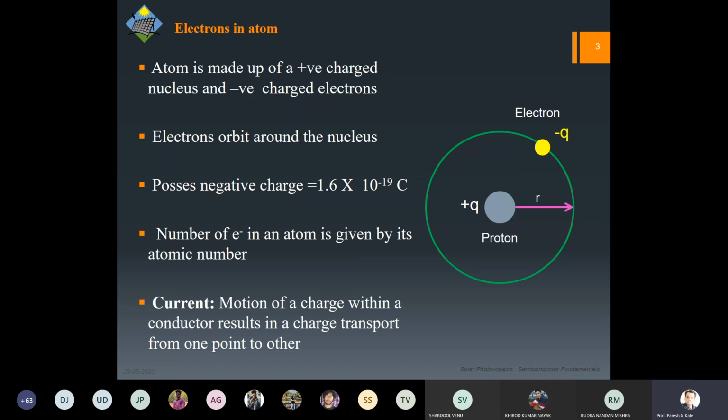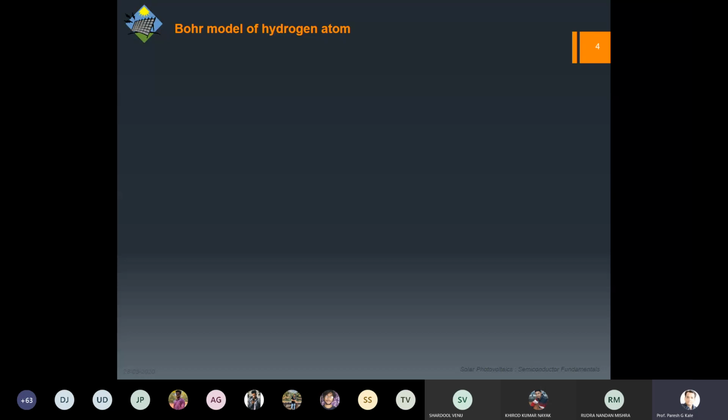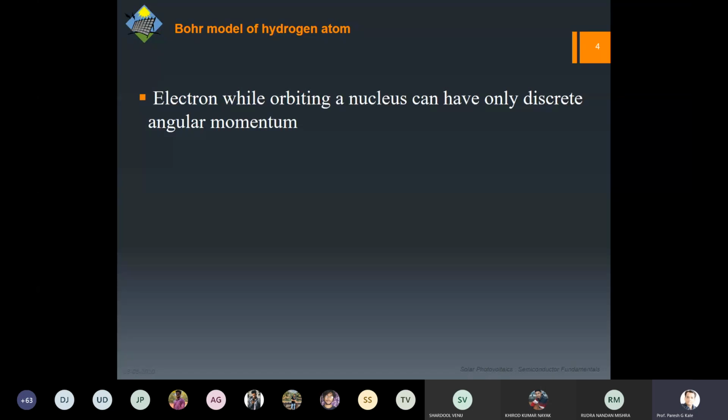Motion of this charge, mostly electrons, we call the flow of current. However, later we will learn that both electrons as well as holes are responsible for the flow of current in semiconductors.